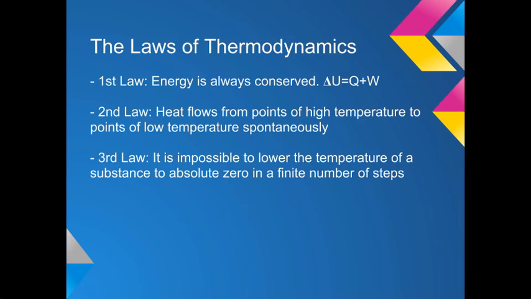The value that is negative will be the value that the system is doing on its surroundings. For example, if the work value on a system is negative, then the system is doing work on the surroundings. In the case of heat engines, the system is the heat engine and the surroundings are everything else.